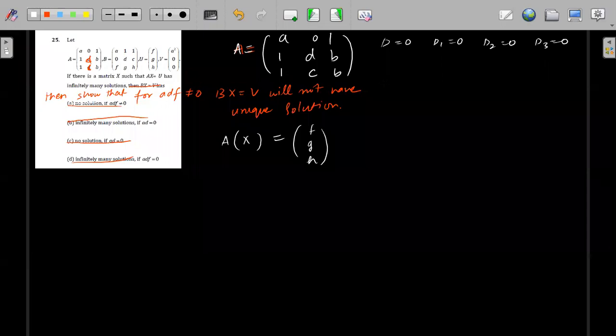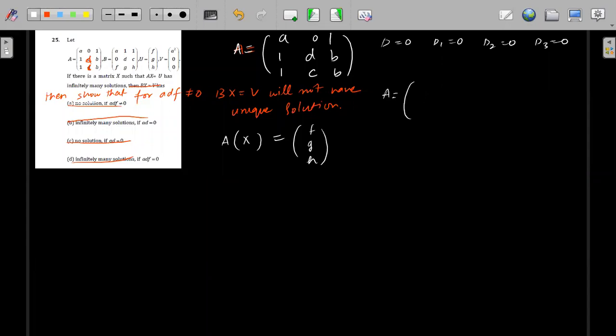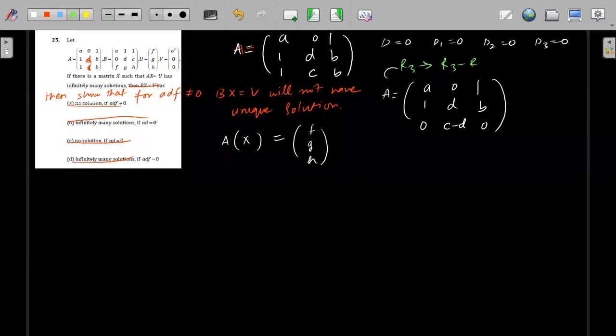Okay, I will check. So after this is row 3 or row 2. So A is equal to A01. If I subtract, this will become 1 D B. This will become 0, this will become C minus D, and this will become 0. Right? So what I'm doing here is taking R3 as R3 minus R2. Okay, so I'm doing one row operation. So this will become simply as this.